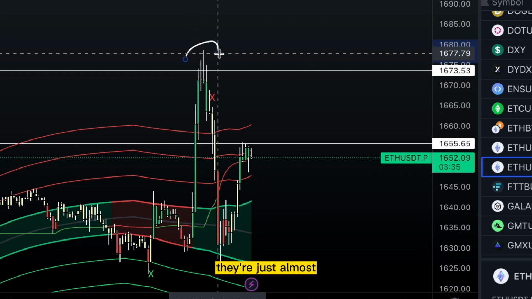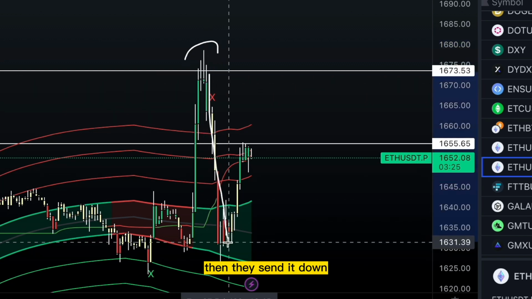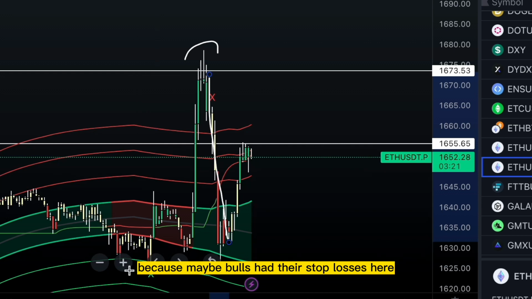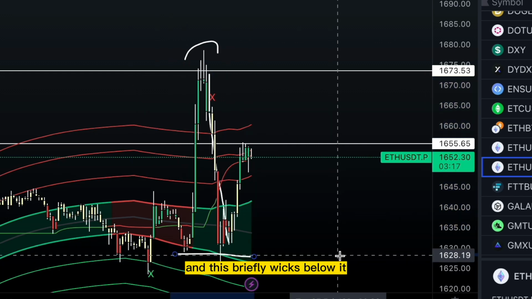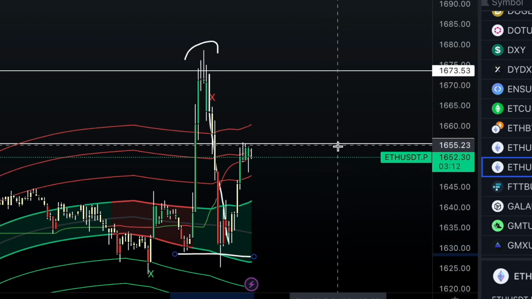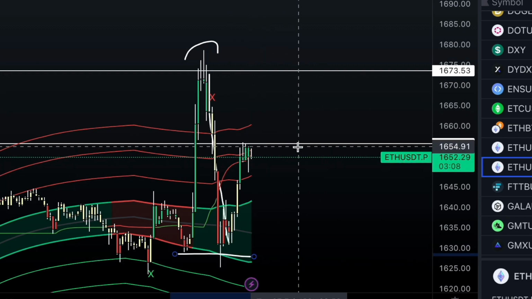Fake buying pressure, pretty much like a swing failure pattern. They're just liquidating the early bears, closing their positions. Then they send it down, and they take bulls out as well, because maybe bulls had their stop losses here, and it briefly wicks below it, triggers them, and now we're back up. We're pretty much in the mid-range of this entire move, 1655.